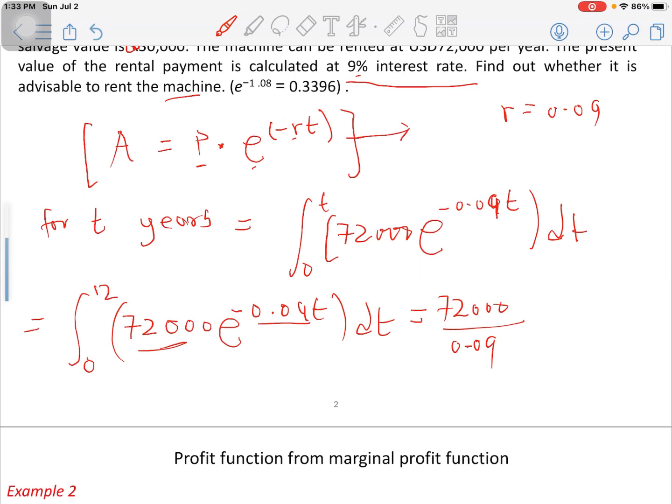So 0.09, we multiply it by the function exponent itself, negative 0.09t. So don't forget that we have our limit to be 12.